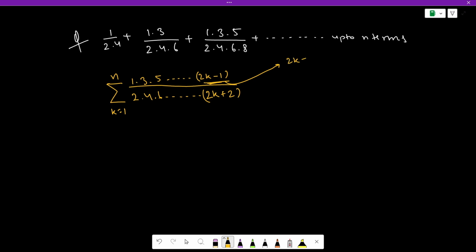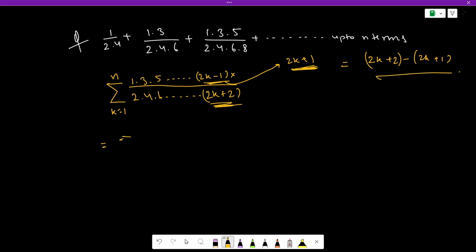It will be 2k plus 1, right? So now take the difference of both of them, this value and this value. So you will get 2k plus 2 minus 2k plus 1, and this is equal to 1 only.